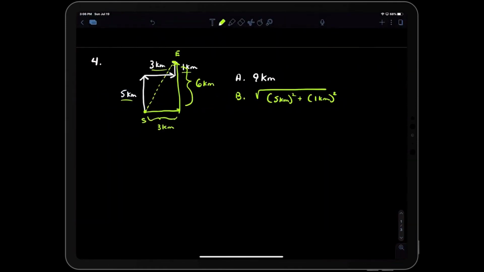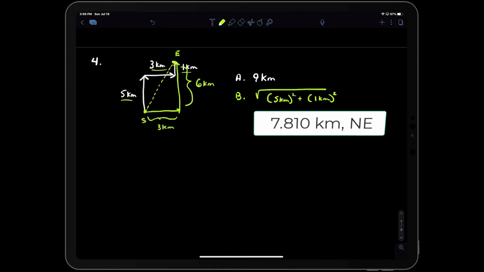So we have 5.1 kilometers, and then we have to have a direction because every displacement has magnitude. This is the magnitude, and then we have to have a direction with it. The direction is to the northeast.